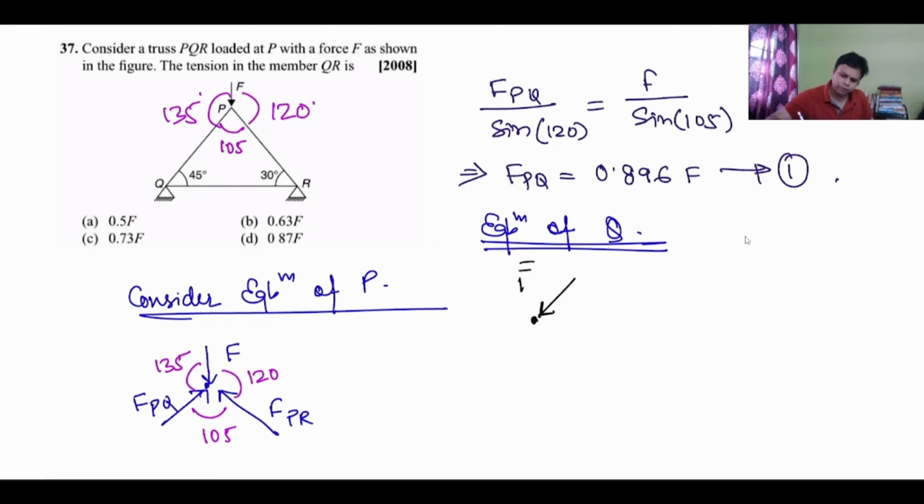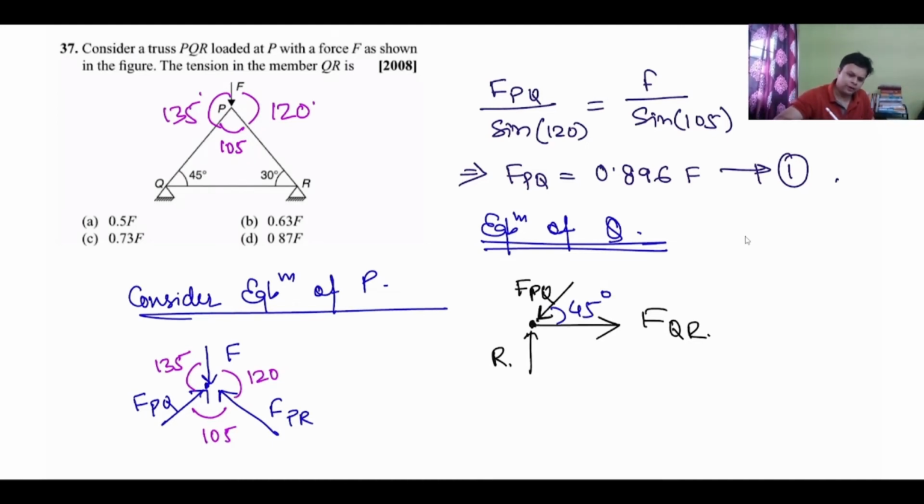The direction of forces you should be able to make out easily without much problem. So reaction will be in the upward direction, no doubt, and the force QR. Anyways, we are not asked the nature of force. So even if the direction is slightly wrong, there is no problem. FQR, this FPQ. Okay, so this angle is 45.